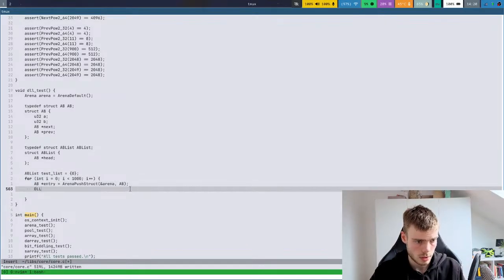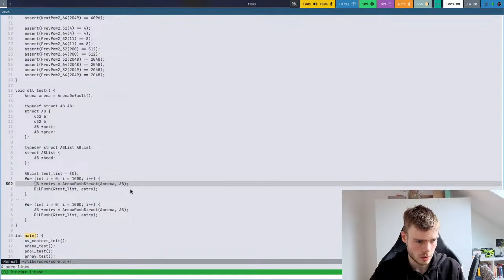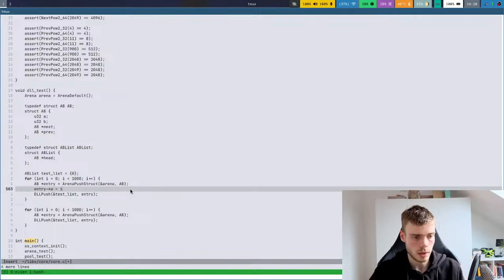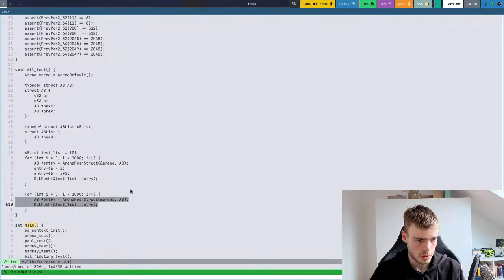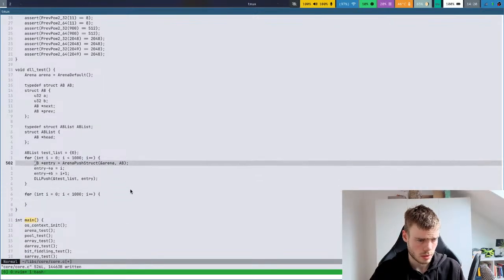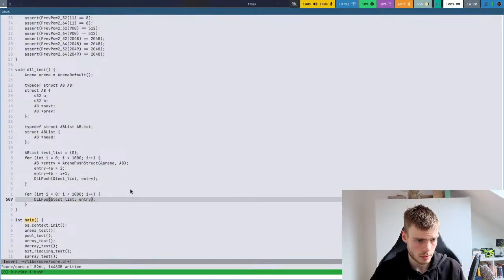Entry DLL push list this, and go through all of these. Let's just first say okay, entry A is equal to I, entry B is equal to I plus 1, and then we go here and then we say DLL pop test list, and this is AB star entry.